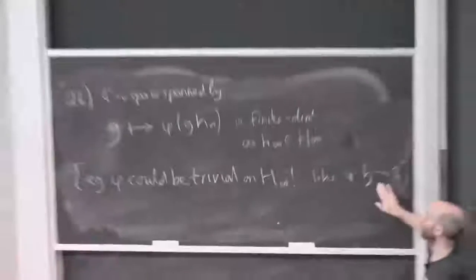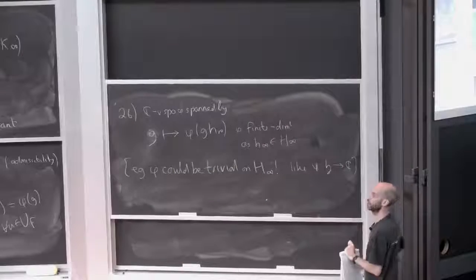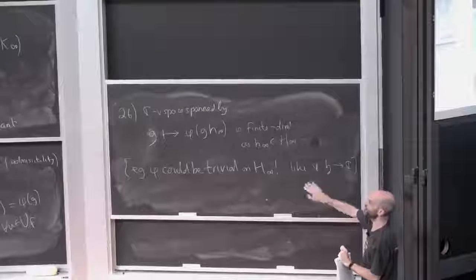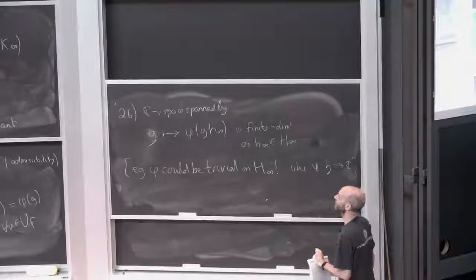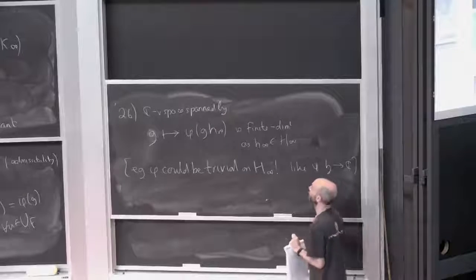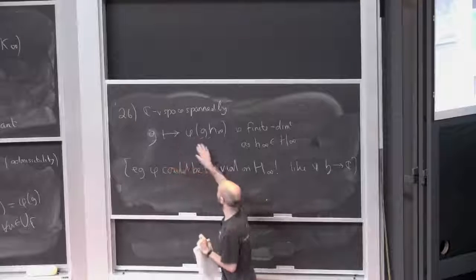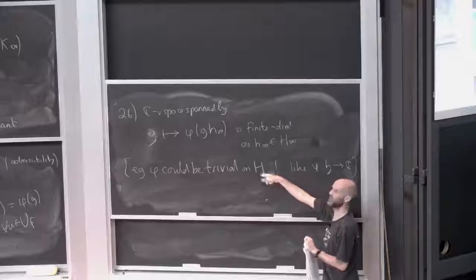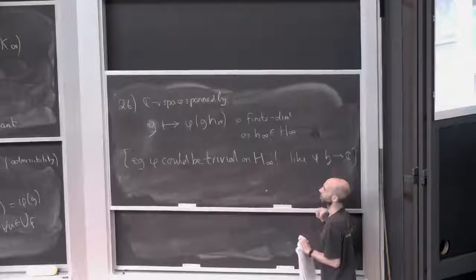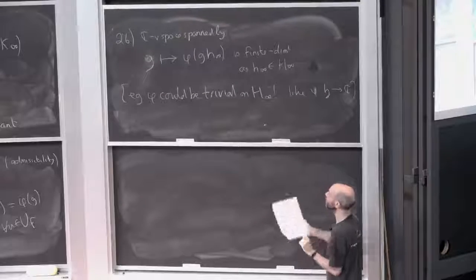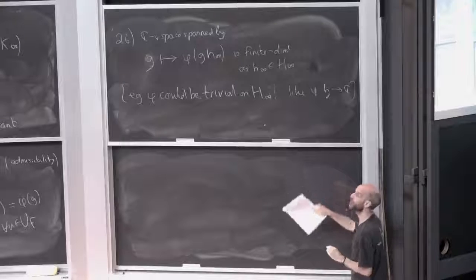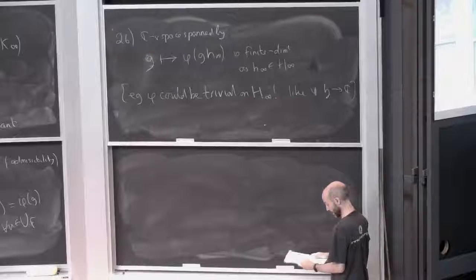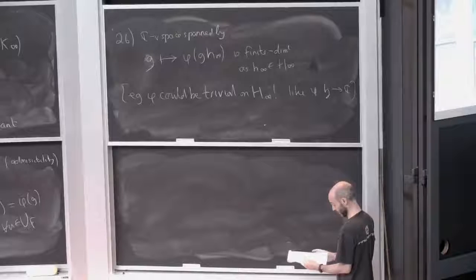If you've got a function on the upper half plane, I showed you how to regard it as a function on GL_2^+(R), and I just said, let it be trivial on O_2 of R. So phi could be trivial, and then this function is just phi again, but what I'm allowing is that there could be some finite dimensional representations of this showing up. We'll see an example of H_infinity acting non-trivially if I ever get to it, which I will.